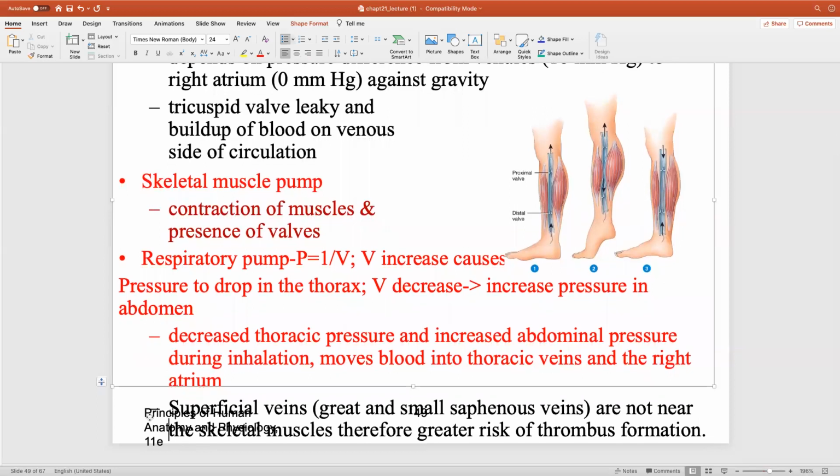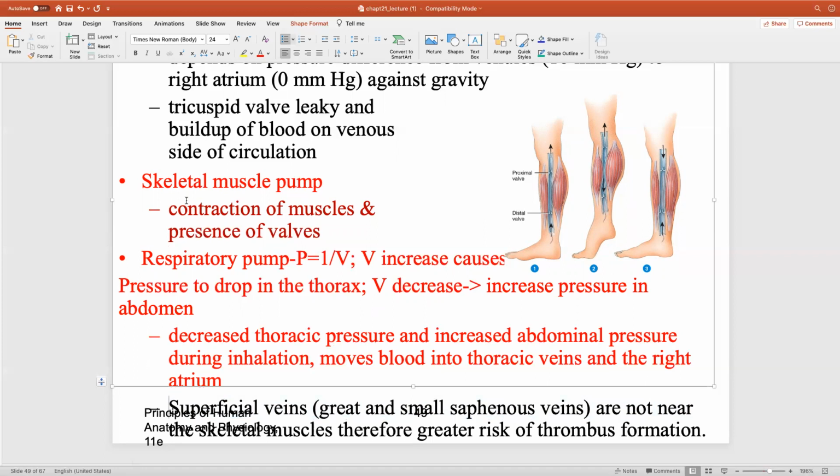There will be a pressure drop in the thorax because you're taking a deep breath. At the same time, you will also see a pressure increase in the abdomen. You have more pressure in the abdominal vessels, less in the thorax. You can more easily bring blood from the inferior vena cava in your abdomen into the right atrium. Perfect. That's exactly what we want.